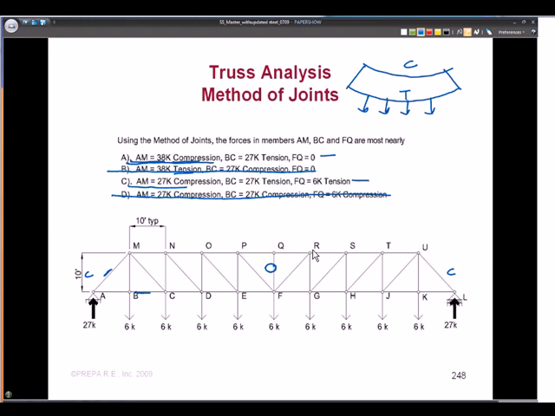So really, once we get to this point, if we can identify FQ as a 0 force member, then without doing anything, the answer has to be A. So we're going to work through this through several joints, probably 4 of them, and the answer's in here, but let's prove this to ourselves. We'll work through 4 joints, and then we'll talk about FQ and 0 force members.